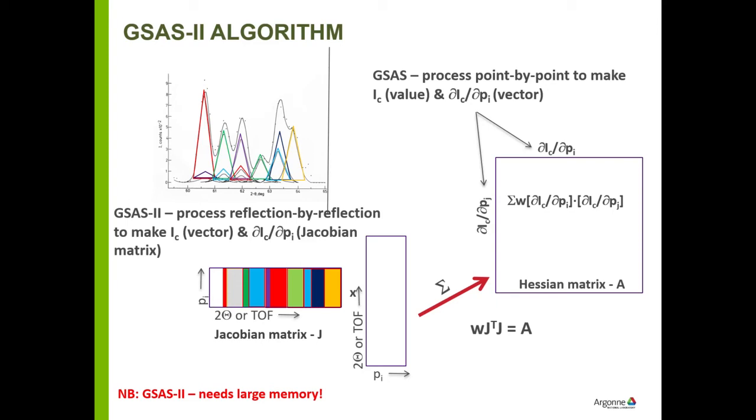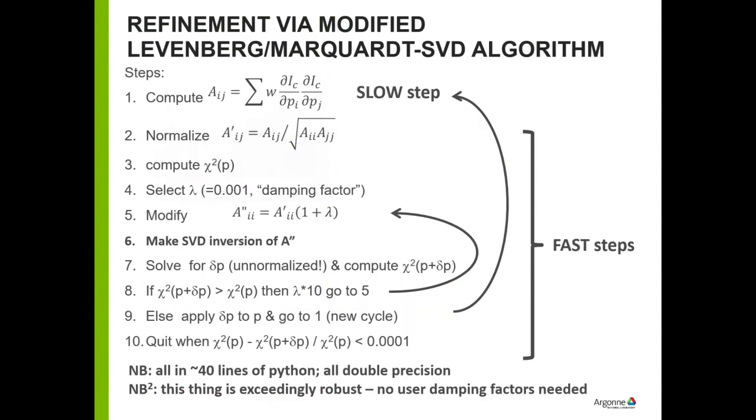And the matrix multiplication inside Python is really very fast because, again, it's done by a library of routines which are actually written in Fortran. And I don't even know about them. I didn't write them. I don't have to worry about them. They just work. So anyway, that gives you the Hessian matrix. And you can then invert that and solve the problem.